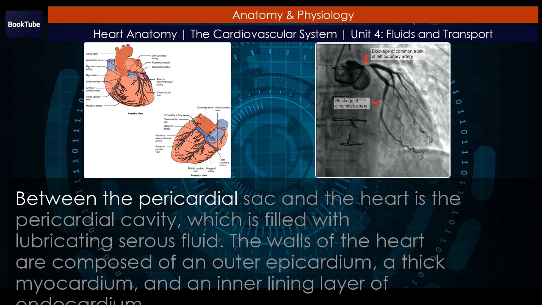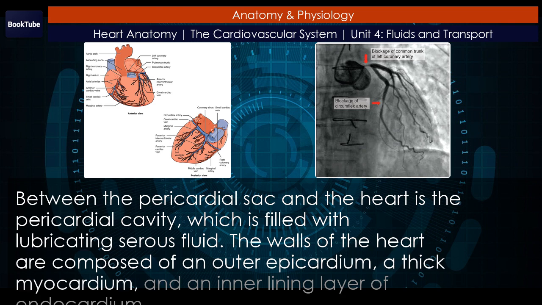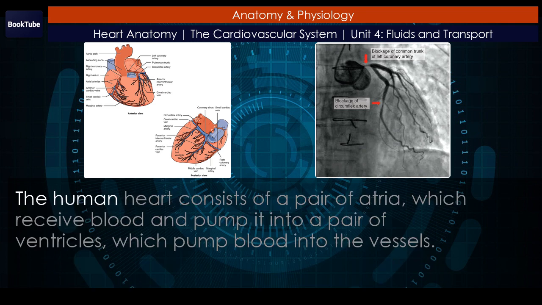Between the pericardial sac and the heart is the pericardial cavity, which is filled with lubricating serous fluid. The walls of the heart are composed of an outer epicardium, a thick myocardium, and an inner lining layer of endocardium. The human heart consists of a pair of atria, which receive blood and pump it into a pair of ventricles, which pump blood into the vessels.